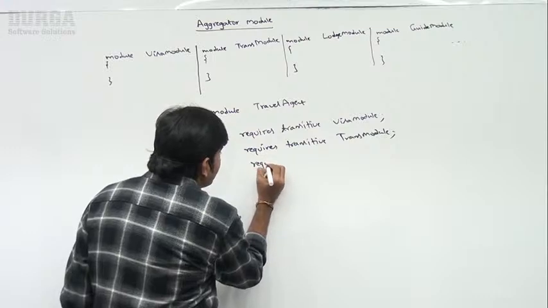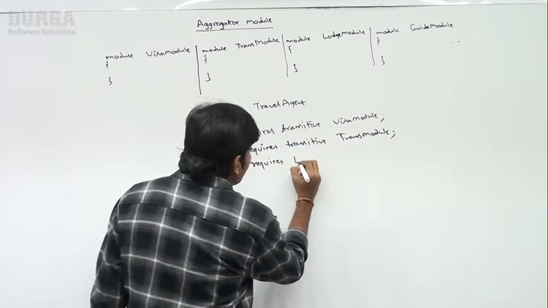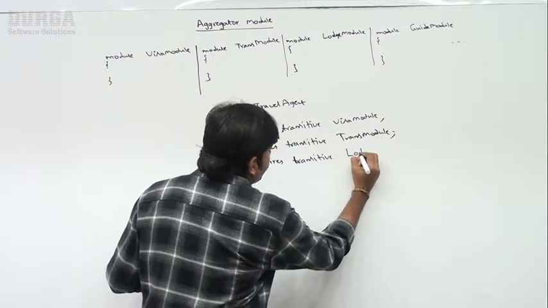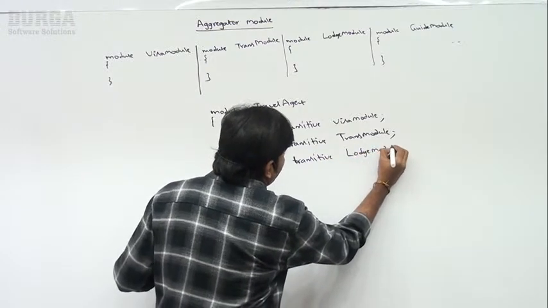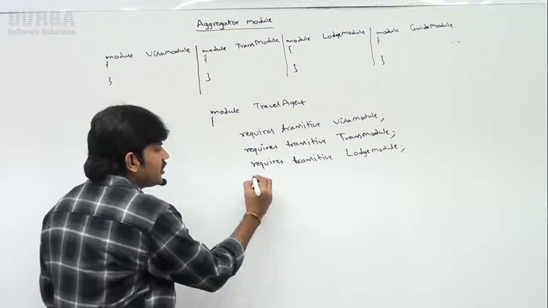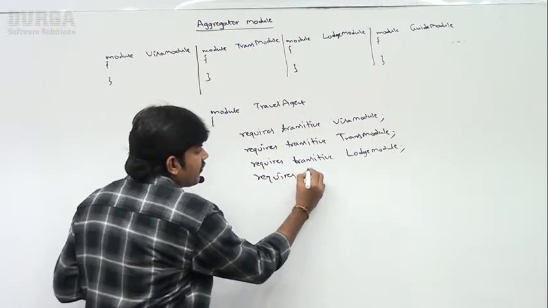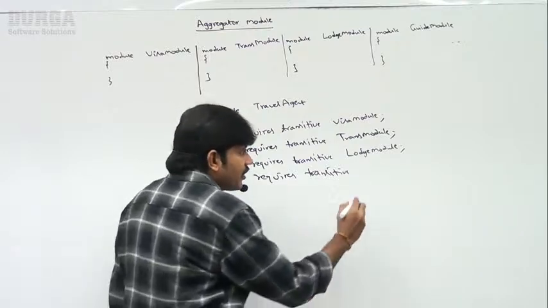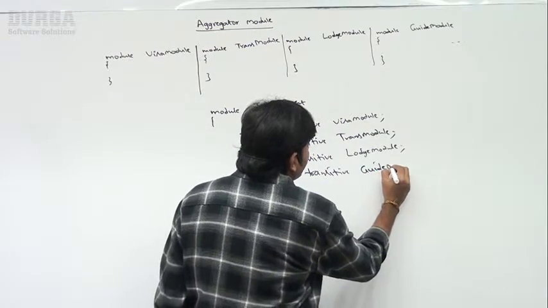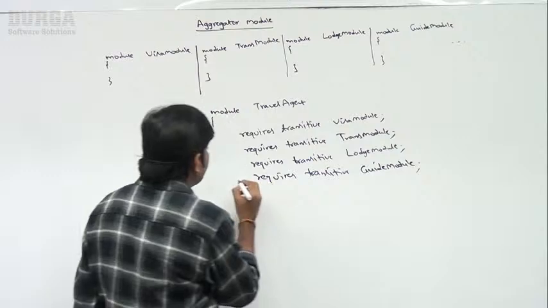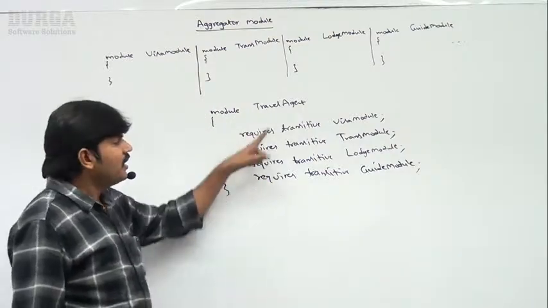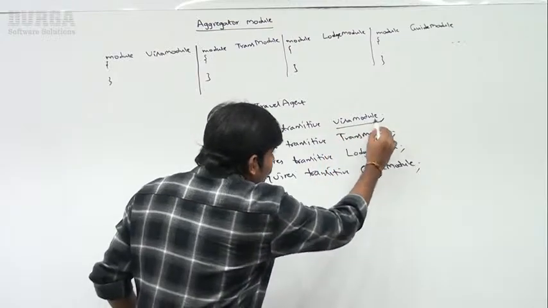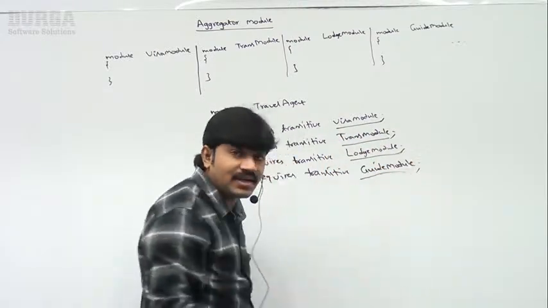Next, requires transitive lodge module. Next, requires transitive, what's the last module? Guide module. Like this we have to take. Have you observed? Travel agent requires visa module, trans module, lodge module, and guide module, right?